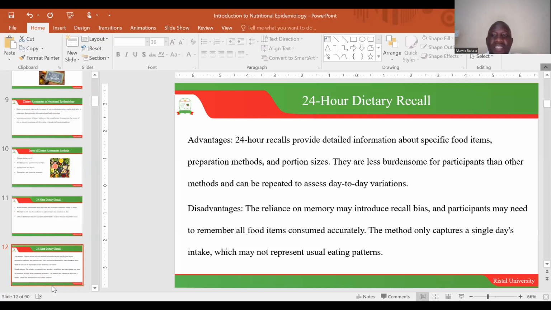But the challenge is that some people may not have good memories to be able to tell you every food that they have eaten. Consequently, there could be issues with accuracy of what they are telling you. So this brings issues to do with recall bias.